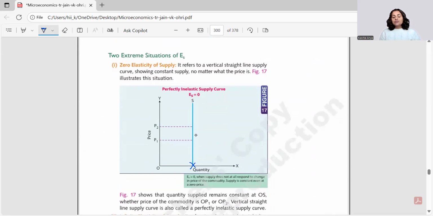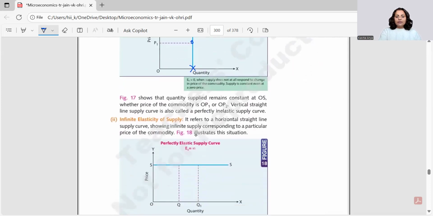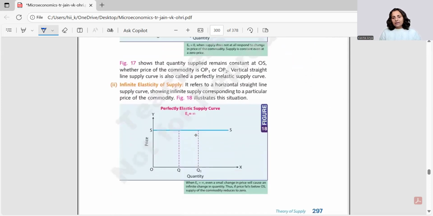And when we talk about zero elasticity, what does this mean now? Percentage change in the quantity with respect to percentage change in price is 0. And when would you have 0? When the numerator is 0. It means there is no change on the quantity axis. But when you talk about infinite elasticity, the percentage change in quantity with respect to percentage change in price is infinity.